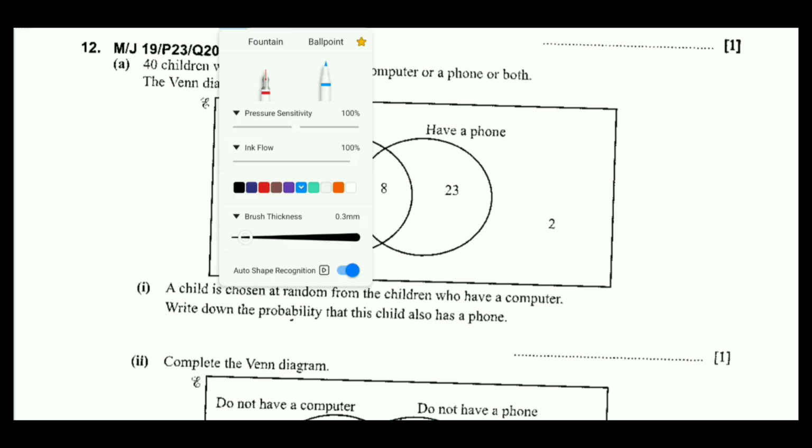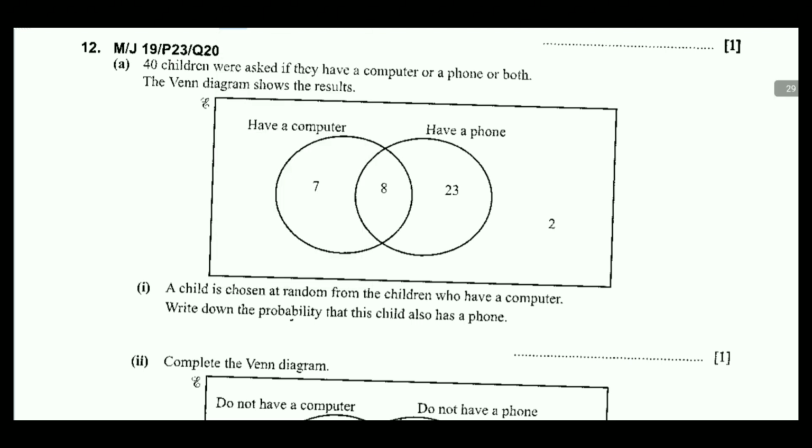Now, a child is chosen at random from the children who have a computer. Now, the computer's figure should be in the denominator, that is 7 plus 8. 7 plus 8 is 15. 15 will be in the denominator, because a child should be chosen from the children who have a computer.